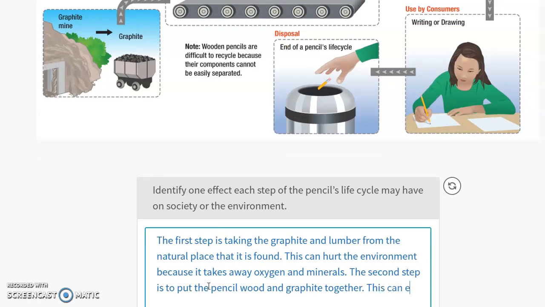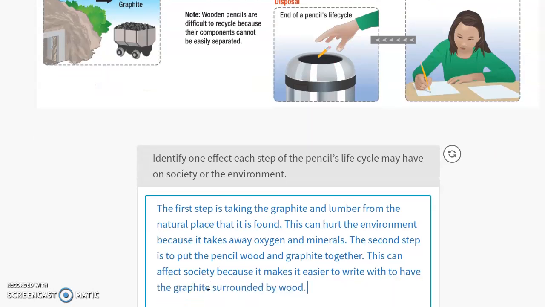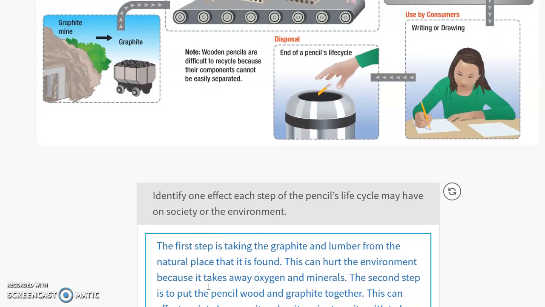Okay, the second step is to put the pencil, wood, and graphite together. This can affect society because it makes it easier to write with, to have the graphite surrounded by wood. Right? If it was just graphite you're trying to write with, it would get all over your fingers.